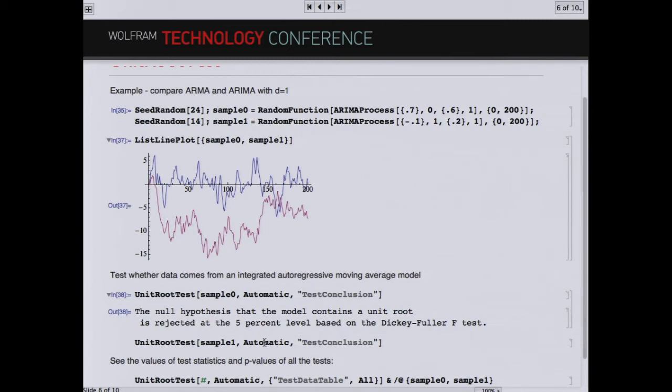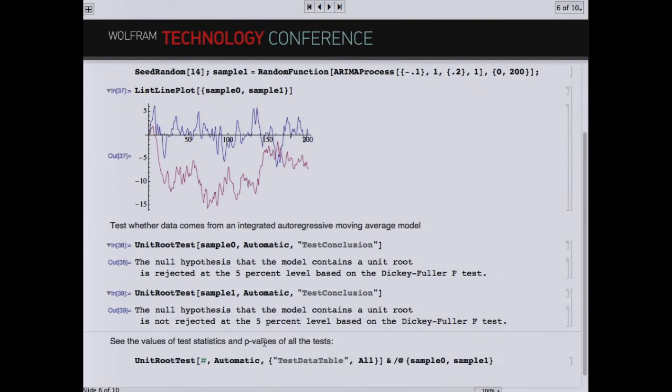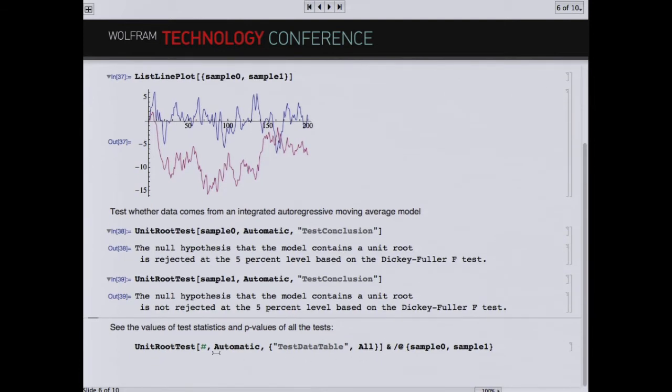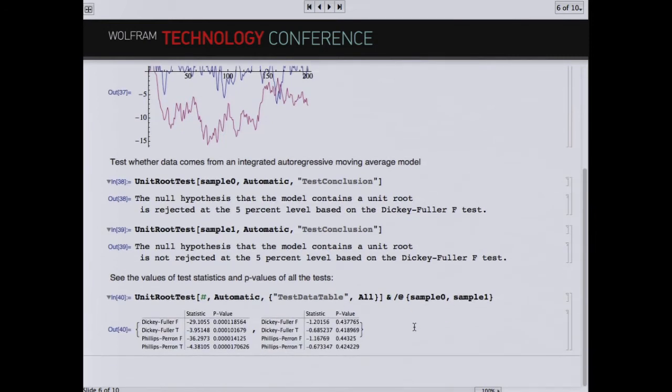If we run it on sample 1, we see that we cannot reject this possibility. So this works as our usual hypothesis tests, and we have a few tests available here: the Dickey-Fuller F and T, and then Phillips-Perron F and T tests. You can see the p-values being either very small or being above the significance level.